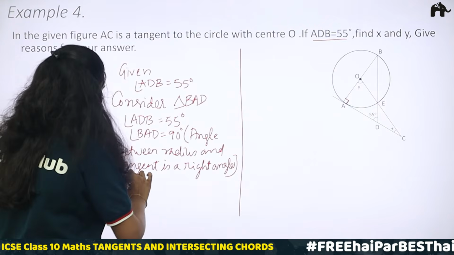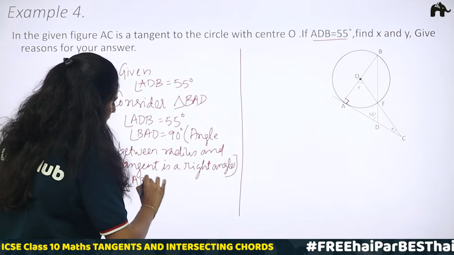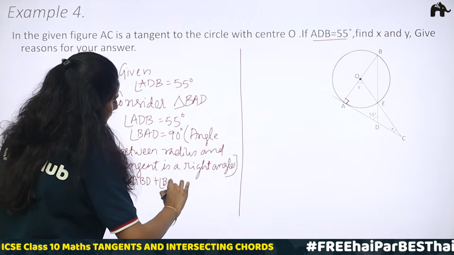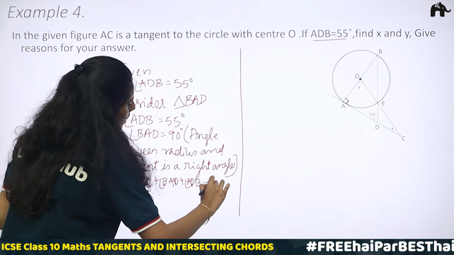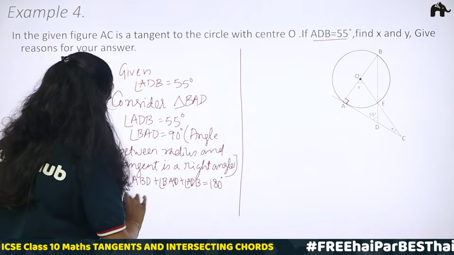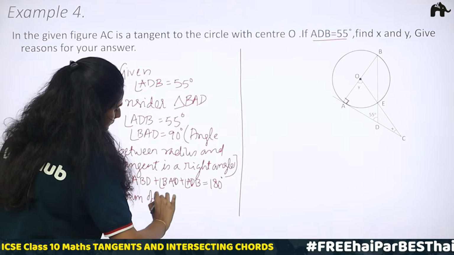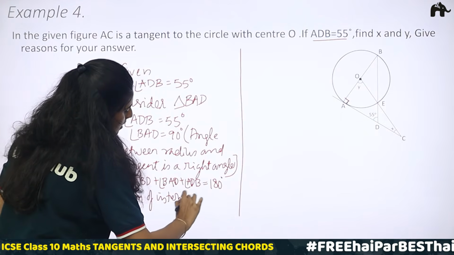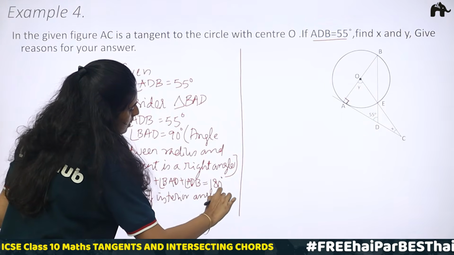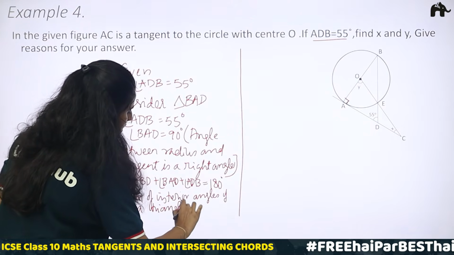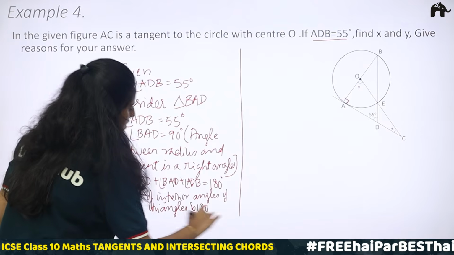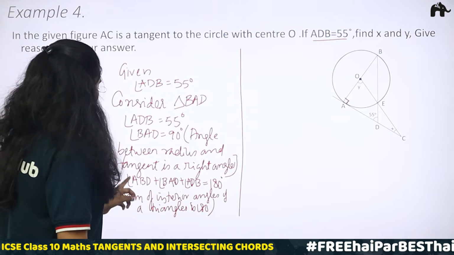Angle ABD plus angle BAD plus angle ADB will be equal to 180 degrees, since the sum of interior angles of a triangle is 180 degrees. Now put the values.